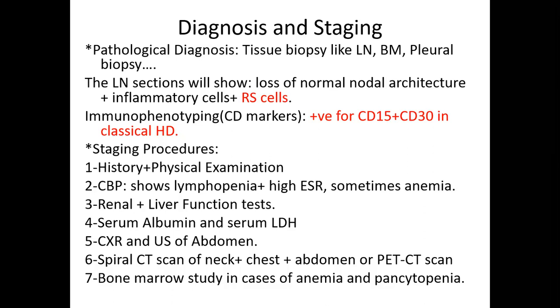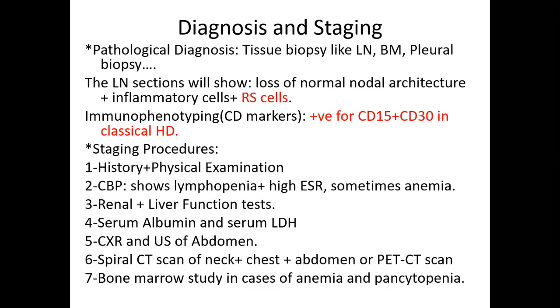When we use immunohistochemistry, we study the CD markers of these cells. These cells are usually positive for CD15 and CD30 in classical cases. So these cells are CD15 positive and CD30 positive.